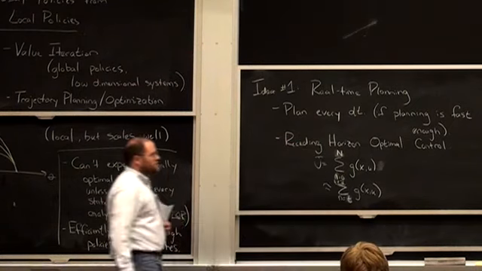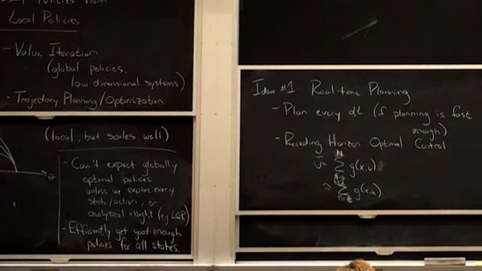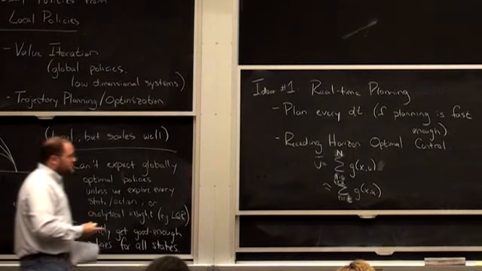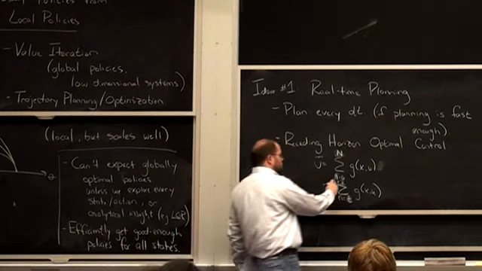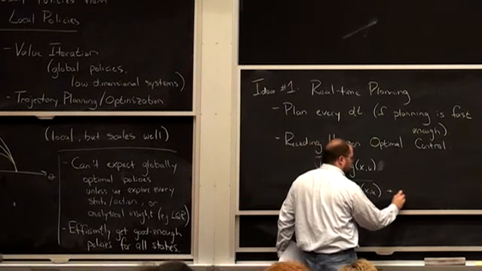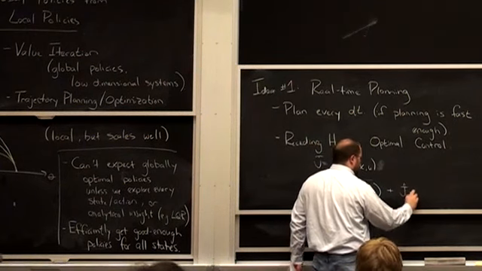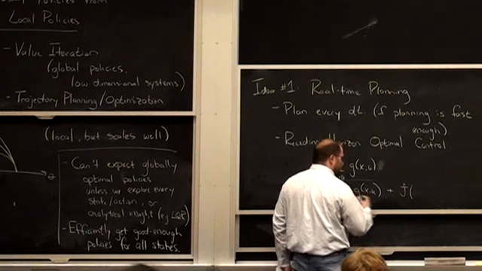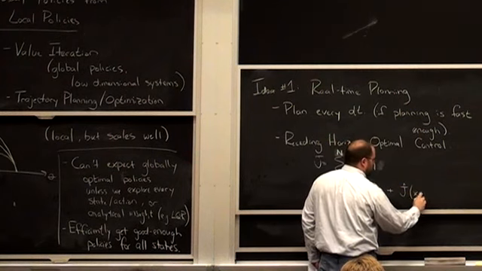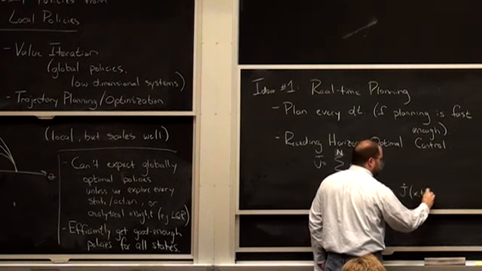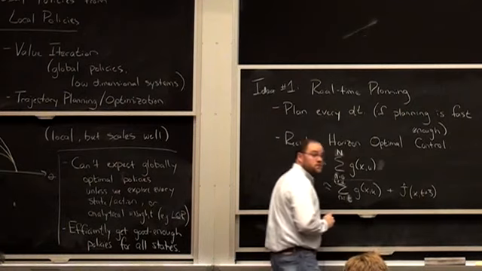That could be an arbitrarily bad estimate of my long-term cost, of course. If you're clever enough to have a guess at the long-term cost, then you can put in some sort of estimate of what J of x from t plus 3 might be, and that's going to help.